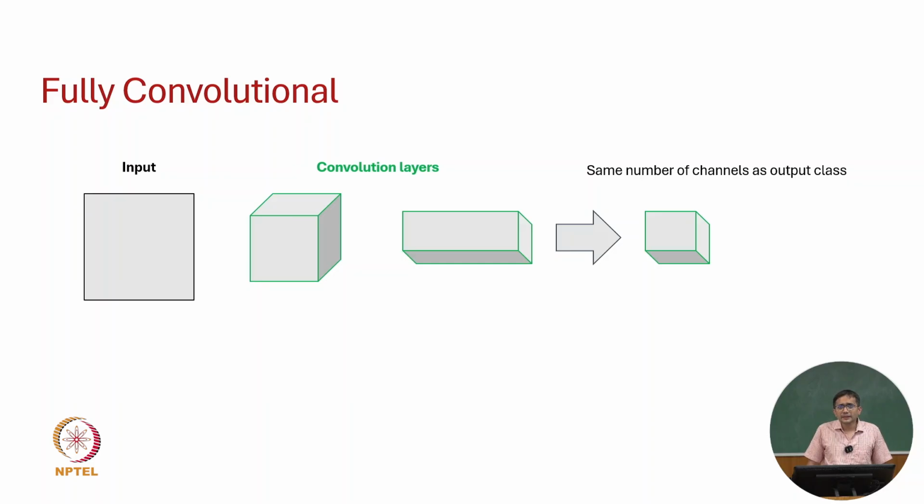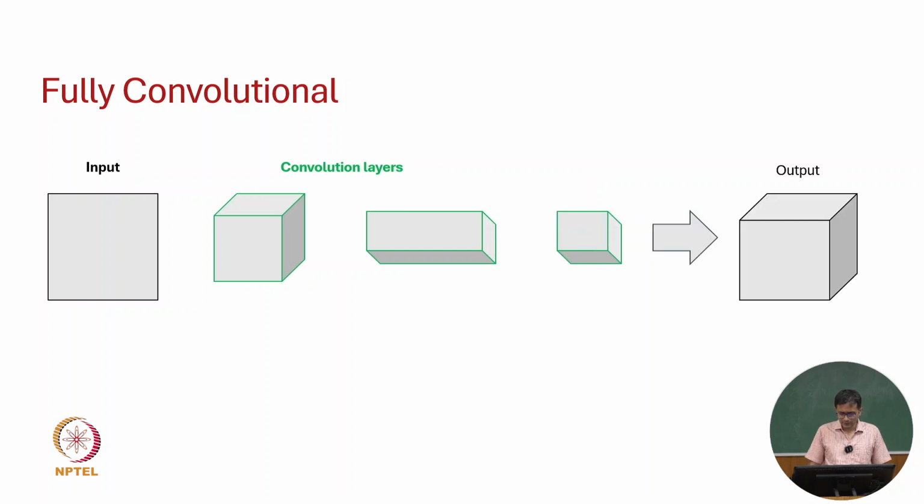There we could have applied just a 1 cross 1 convolution, right? However, of course, our goal is to obtain an output which has the same spatial dimension as our input image, right?